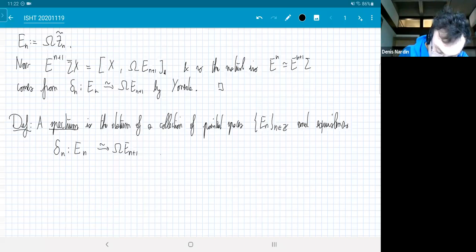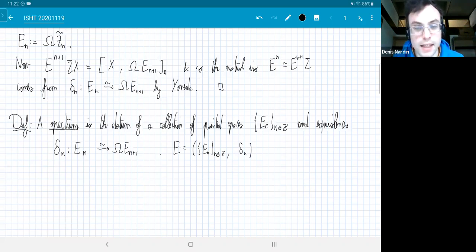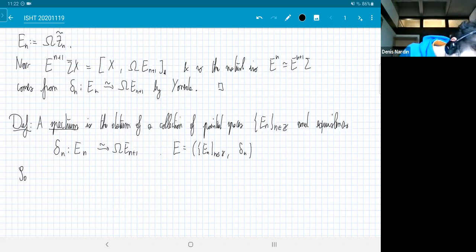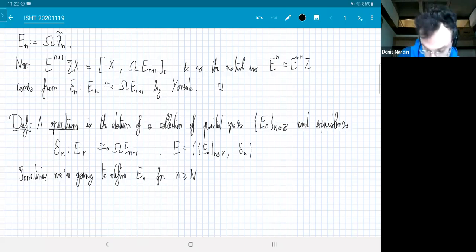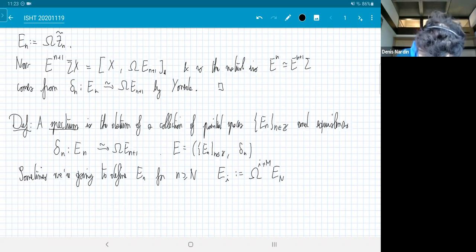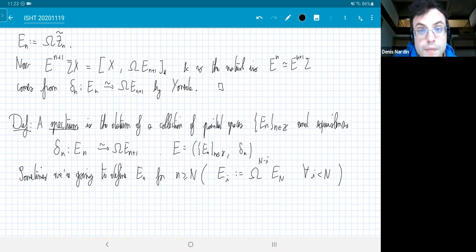We're going to sometimes call the spectrum E. And just to be clear, sometimes I'm just going to define E_n for n sufficiently big, say n greater or equal than some big N, and then let E_i be just Ω^{N-i} E_N for every i less than N. Since everything is supposed to be equivalent to the loops of the next space, it still determines the whole sequence.